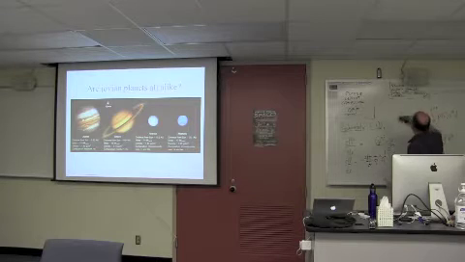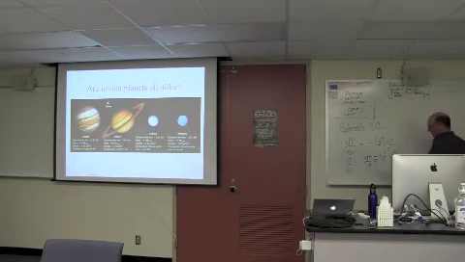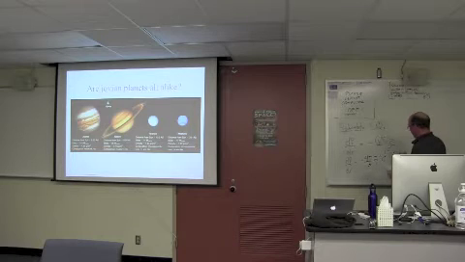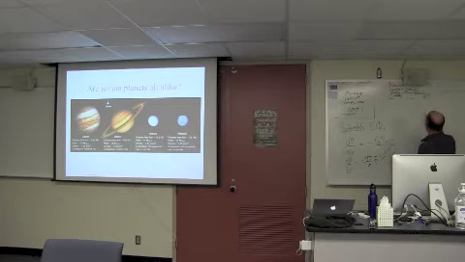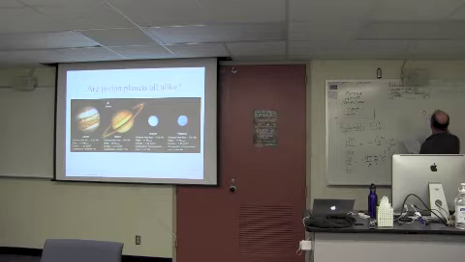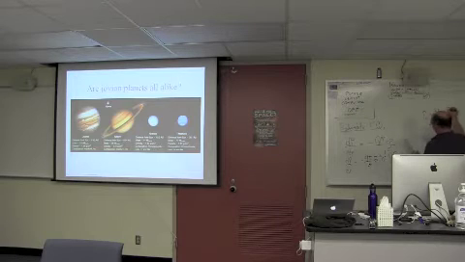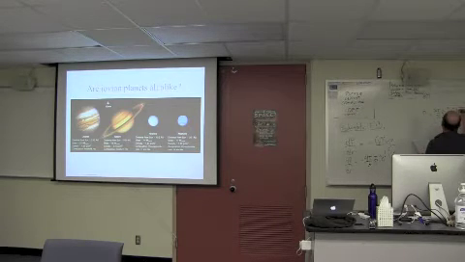So if I do that integral, I get the pressure at the core is equal to 2 pi over 3 rho bar squared G r squared.